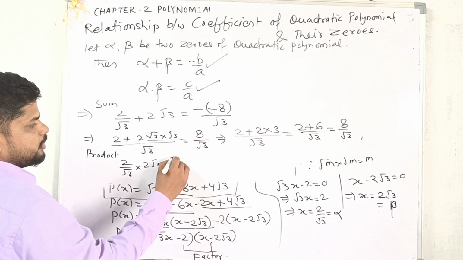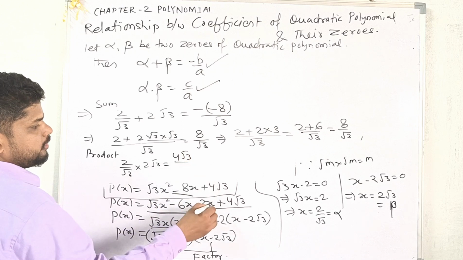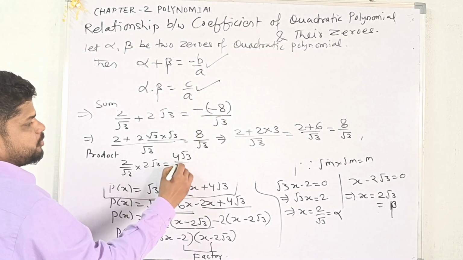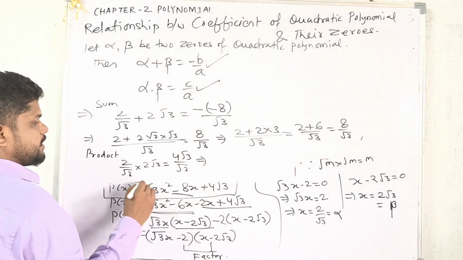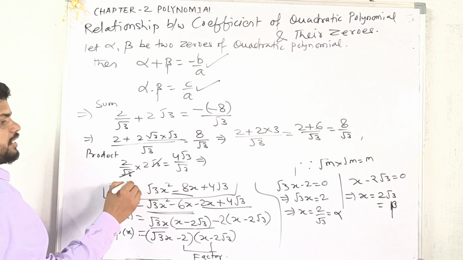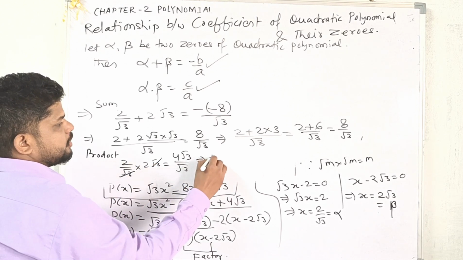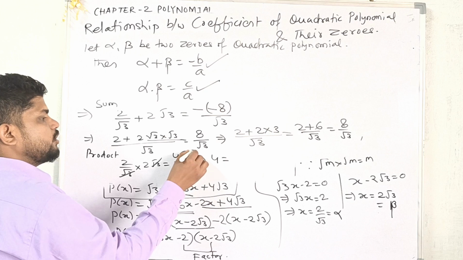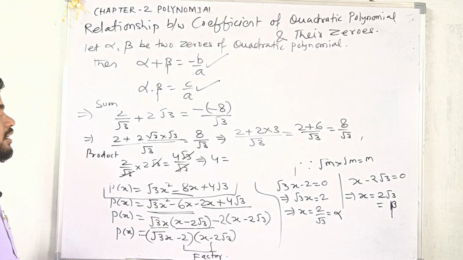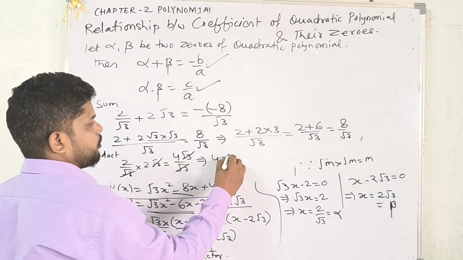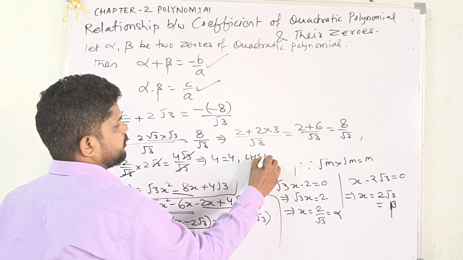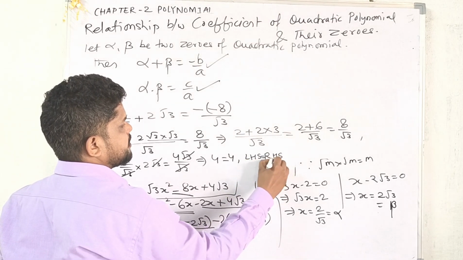What is the value of c? 4 root 3, upon a, which is root 3. See, root 3 upon root 3 will get cancelled out. 2 into 2 is 4, and here also root 3 will get cancelled out. What will remain here is just 4. So LHS equals RHS.